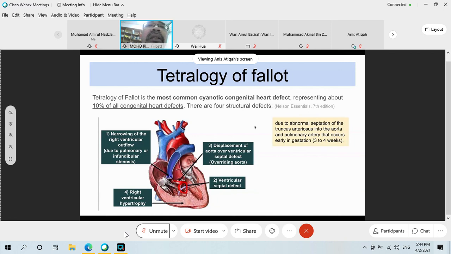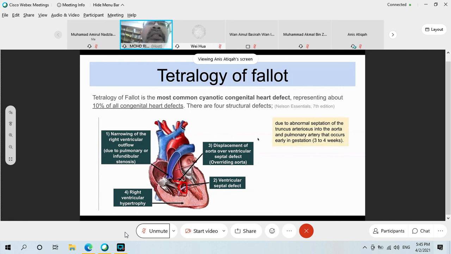So the RV pressure is high, which contributes to the right to left shunt, besides the overriding aorta. So basically in terms of pressure, there is not much difference between LV and RV. It's almost similar, so there is almost no pressure gradient between RV and LV.